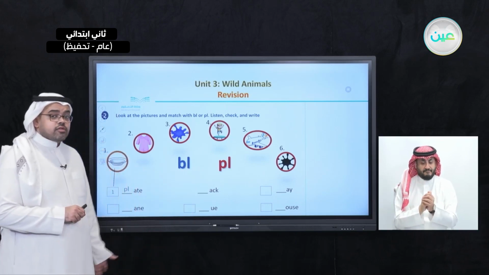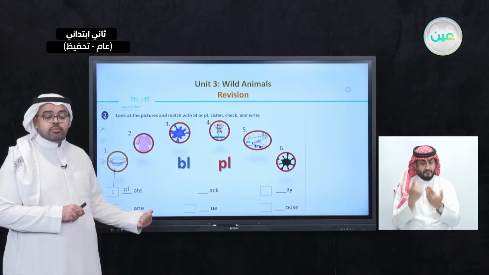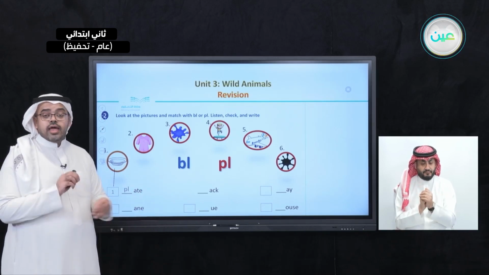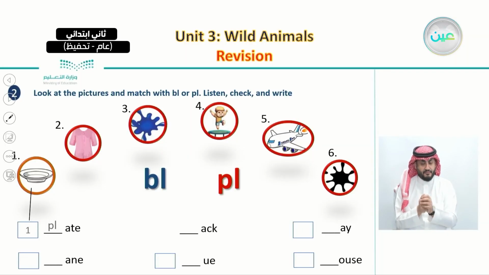So let's first read the first example here that is already answered, and then we're going to repeat it. So the first answer here is plate. Plate. Say with me, plate. So this is a plate, the plate that we usually eat from.